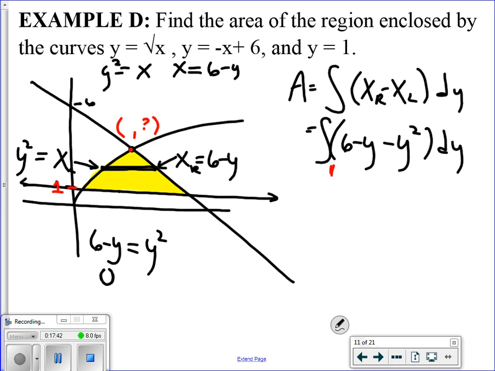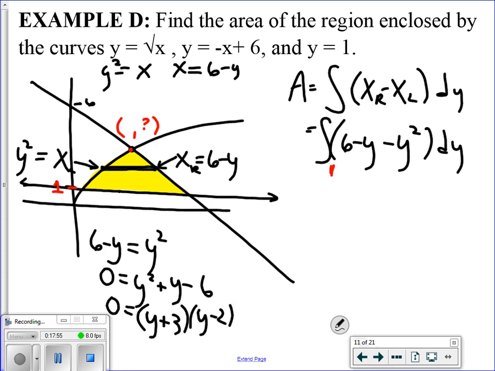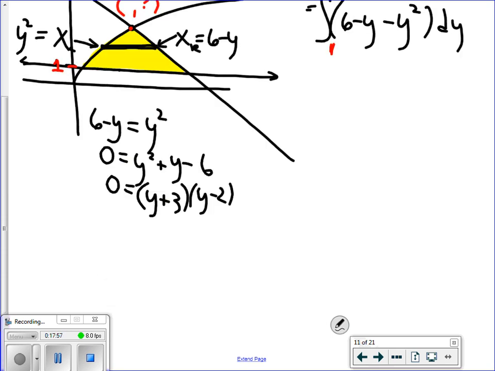So getting it equal to 0 again, we can solve by factoring: y plus 3, y minus 2. So we get two values. We get y equals negative 3 and y equals 2.